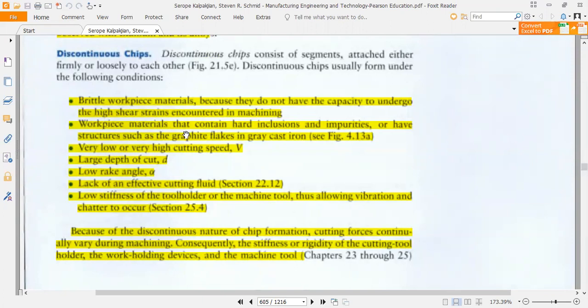Workpiece material that contains hard inclusions and impurities, such as graphite flakes, forms discontinuous chips.